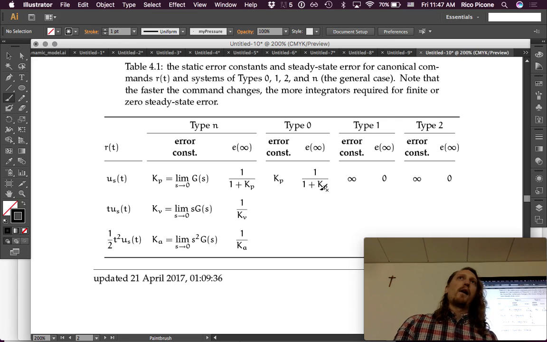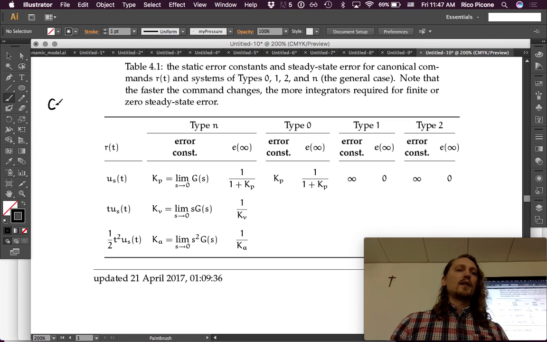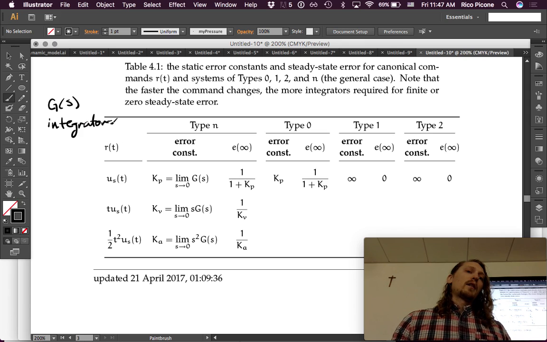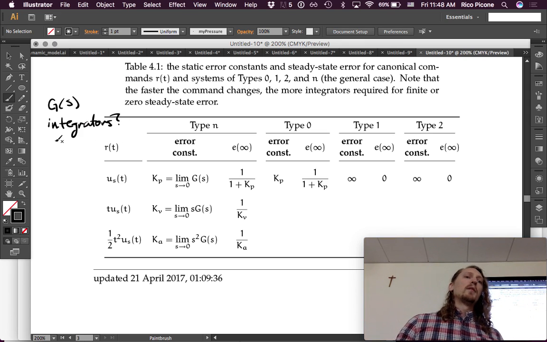Can you go over real quick how you get the type? Type is the number of integrators. So you look at G(s) and you ask the question, how many integrators? And the number of integrators is the type.